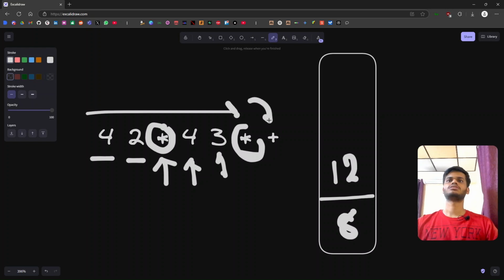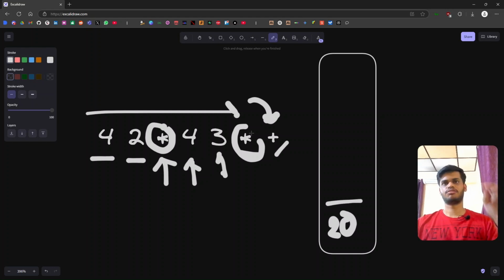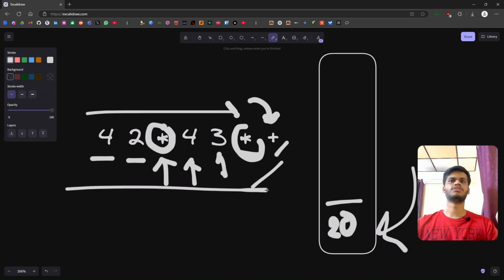Then we found a plus sign. We remove the last two, perform the operation, and add back the result. So 12 plus 8 is 20. So when the string is complete and there is only one element in our stack, that is our result. So this will evaluate to 20.